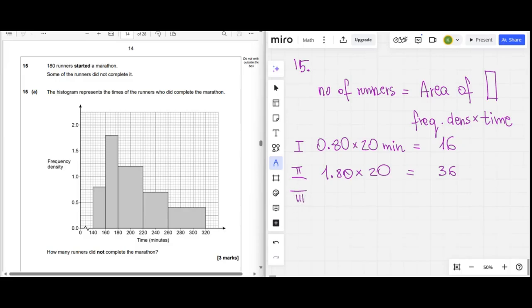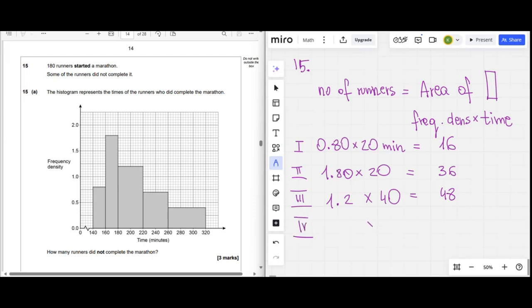In the third block, we had a range of 40, and the frequency density would be 1.2. If this is in between 1 and 1.5, the middle is 1.25, and this is just below, so that must be 1.2. Times 40 is 48.